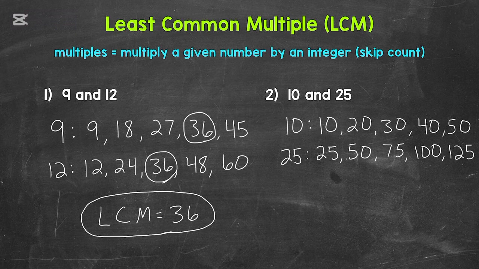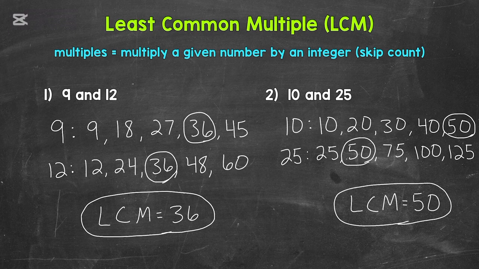Now that we have some multiples listed, we can look for common multiples, and specifically the least common multiple. Well, 50 is a common multiple, and it happens to be the least common multiple. So the LCM is 50. The least common multiple of 10 and 25 is 50.